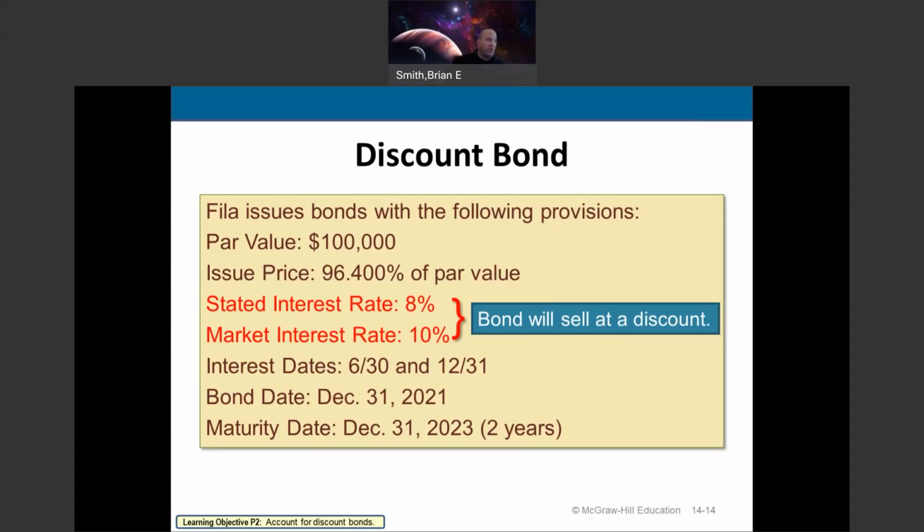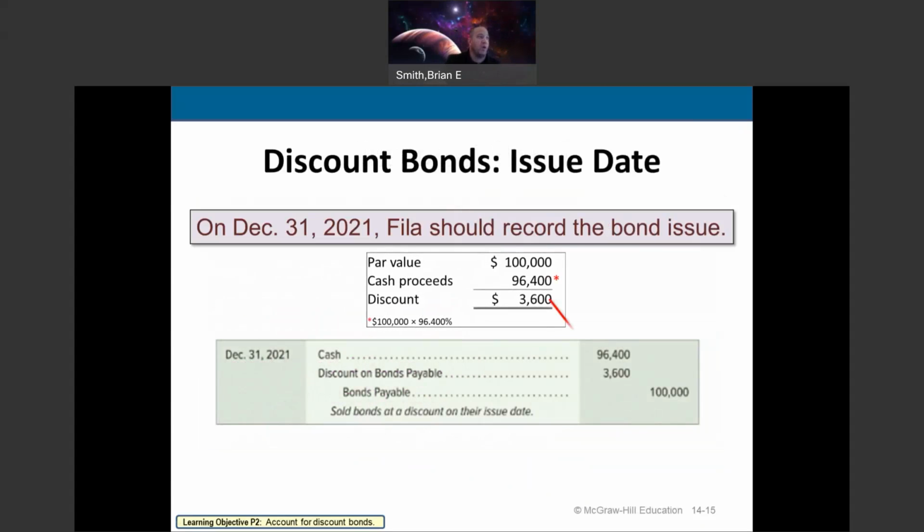So here's all the other information that you're going to need. It's 2 years. It's basically the same bond we just dealt with on the prior slides. So we know we're selling at a discount. What we're going to do is multiply that $100,000 par value by the percentage it's selling at. It said it was selling at 96.4. So the cash amount is the par value times 0.964.